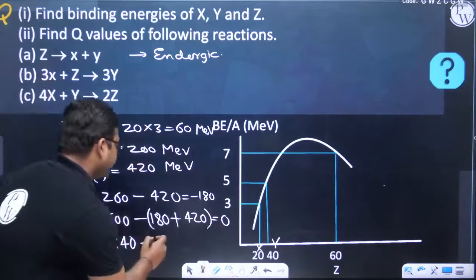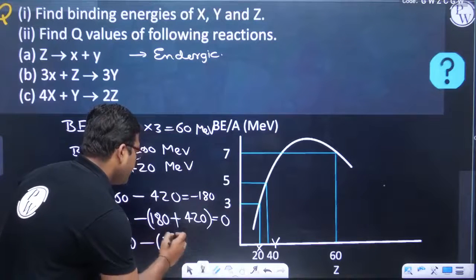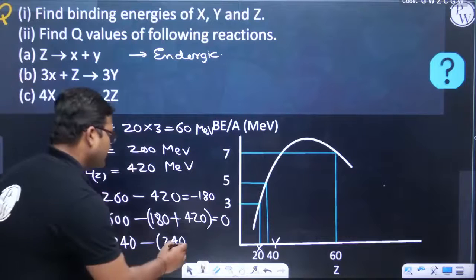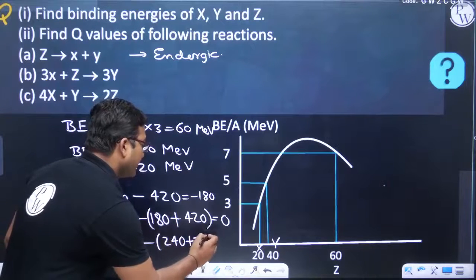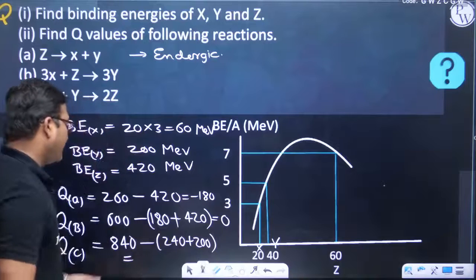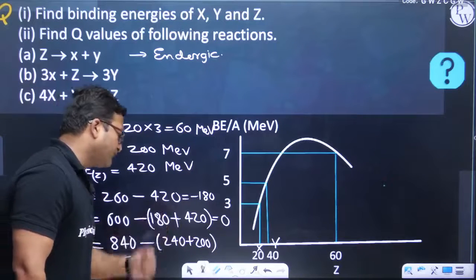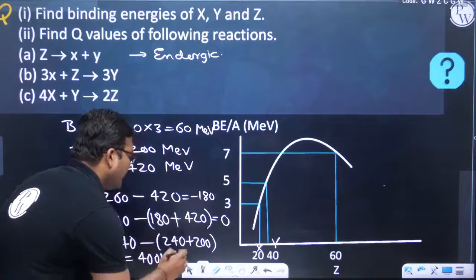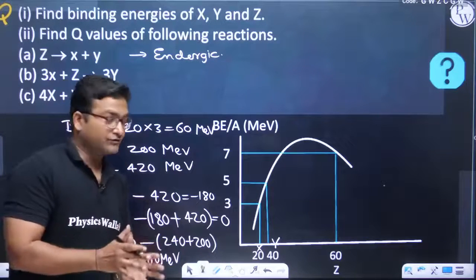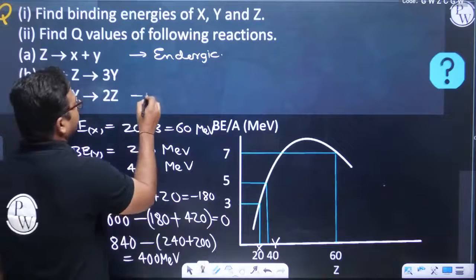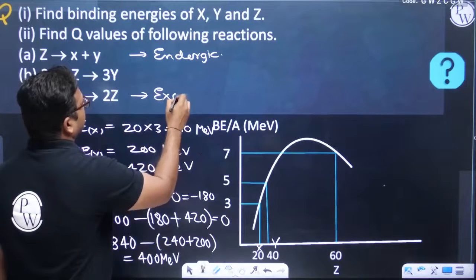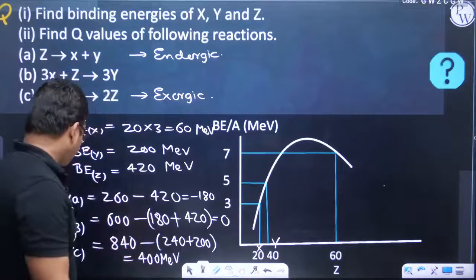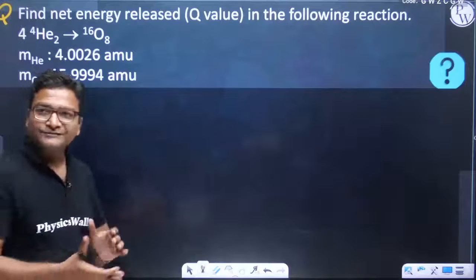So 4X is 240 and Y is 200, so plus 200. And if you calculate this, you will have 840 minus 440, we have 400 million electron volt left as the energy released. Okay, so this reaction is exoergic. So remember these points. Okay, let's move to the next question.